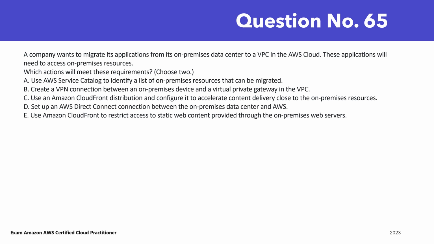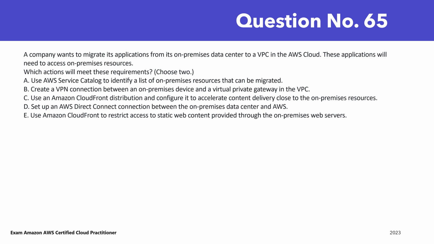A company wants to migrate its applications from its on-premises data center to a VPC in the AWS cloud. These applications will need to access on-premises resources. Which actions will meet these requirements? Choose 2. A. Use AWS Service Catalog to identify a list of on-premises resources that can be migrated. B. Create a VPN connection between an on-premises device and a virtual private gateway in the VPC.